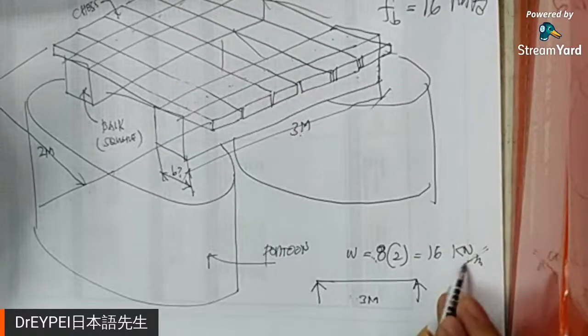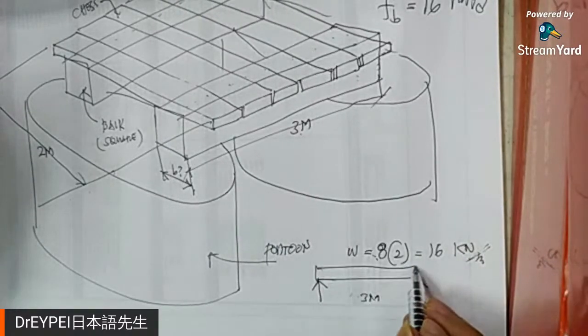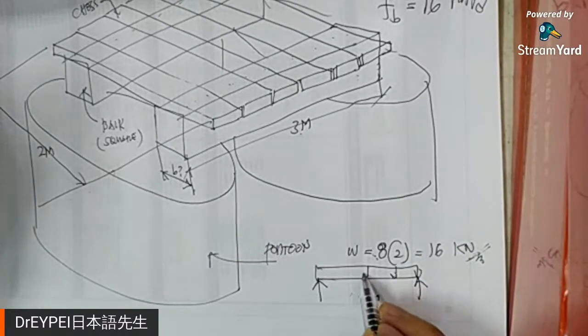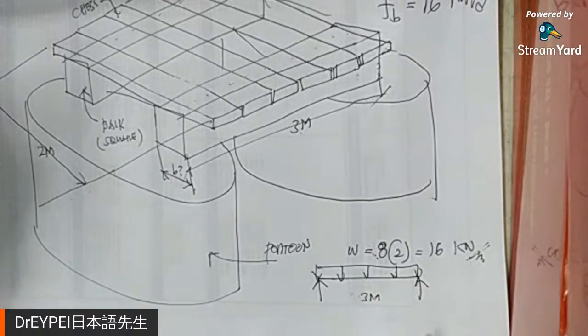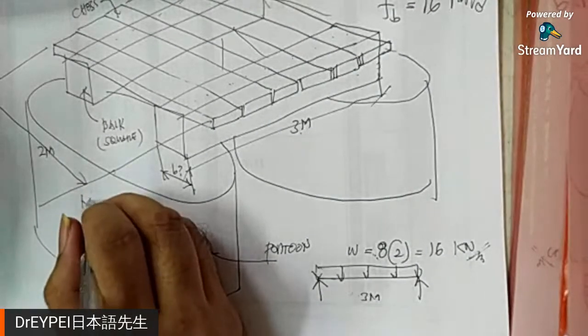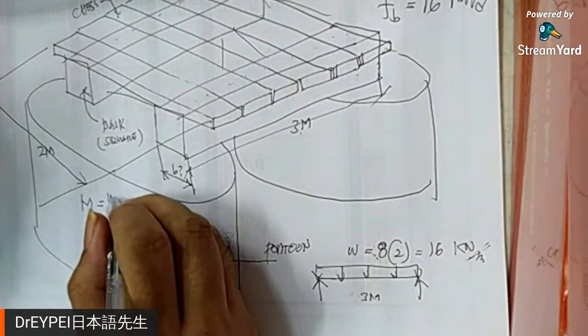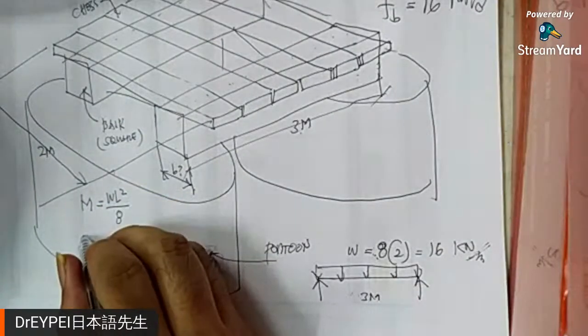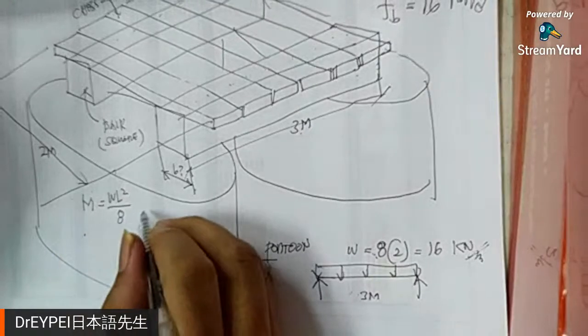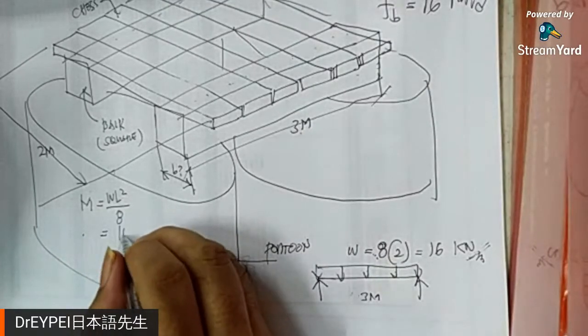Kilonewton per meter. Naka-uniform distributed load ka ngayon dito, 16 kilonewton per meter. Then, kung alam na natin yan, meron tayong equation, since simple support naman, wL squared over 8.